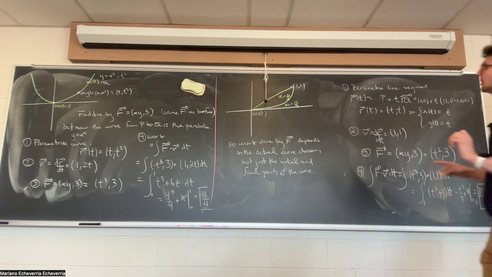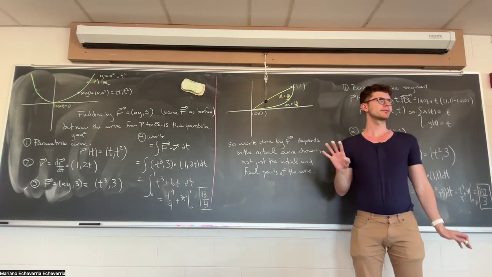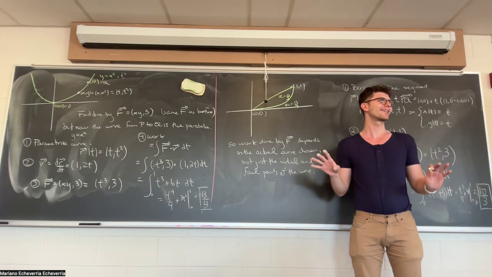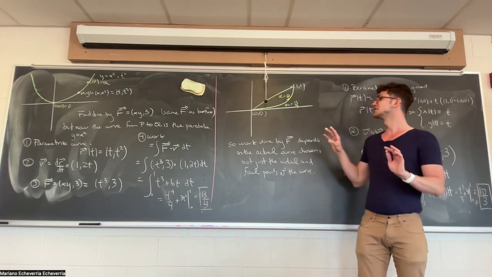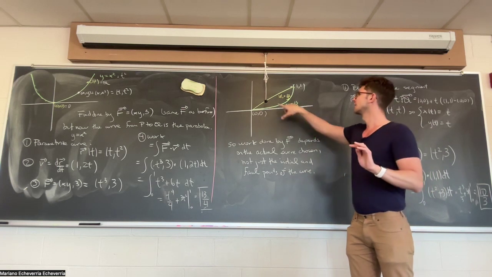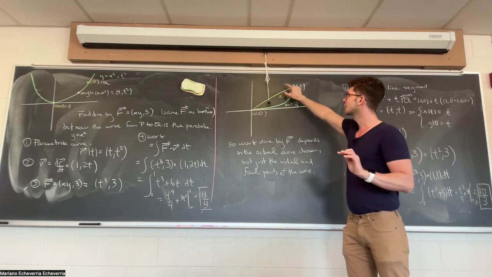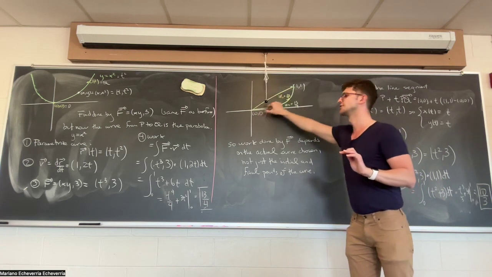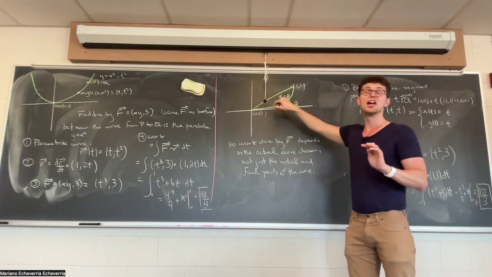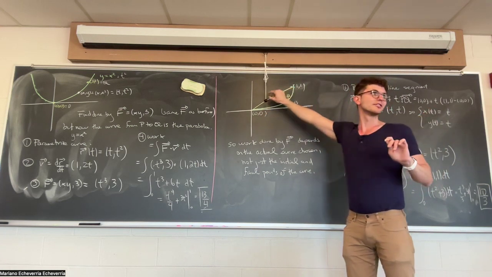What will happen next Monday, I think by then I can tell you that. What's really cool, and it's one of the three main theorems of the course, or of all of calculus, is called Green's theorem. It says the net difference in work along the line segment versus along the parabola can be computed as a double integral over the region enclosed between the curves.